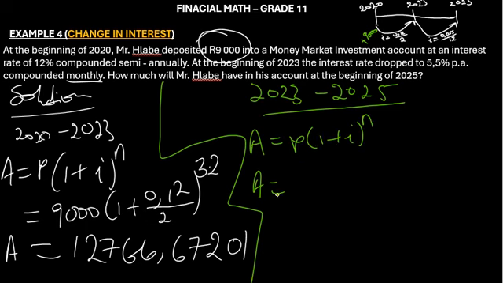At 2023, Mr. Hlabe had this money, 12,766. I'm lazy to write it down, let me just copy and paste it.